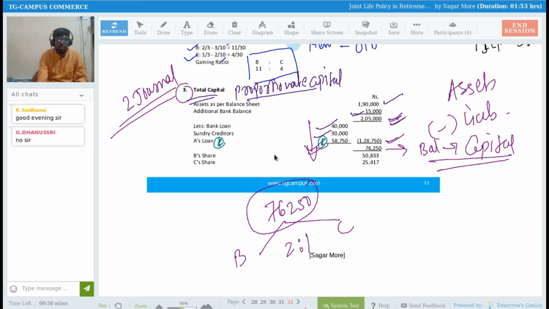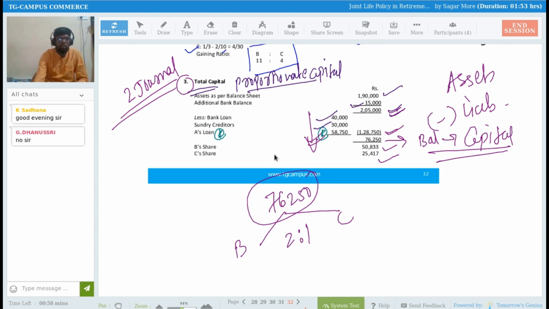So I will distribute that 76,250 in their 2:1 ratio. I will get 50,833 for B and 25,417 rupees for C, right? So this is nothing but the closing capital of B and C.